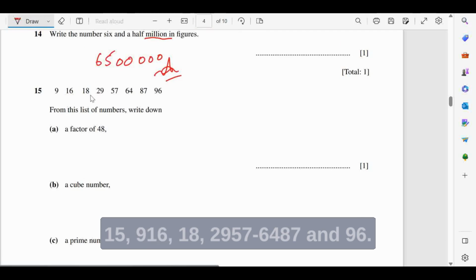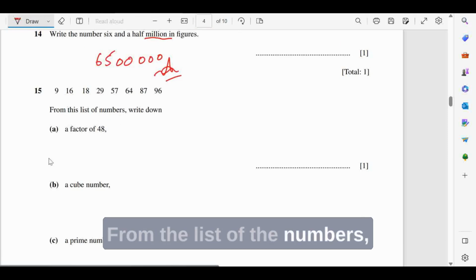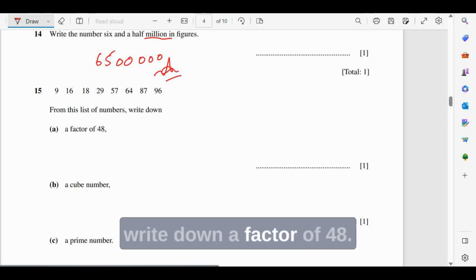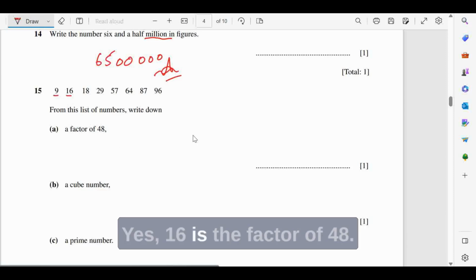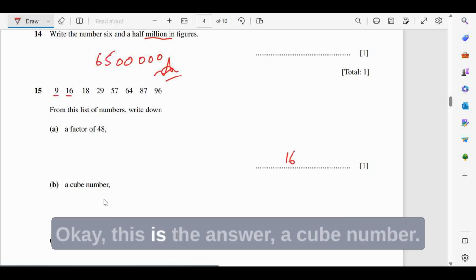From the list of numbers 9, 16, 18, 29, 57, 64, 87 and 96, write down a factor of 48. The factor of 9 is not a factor of 48. Yes, 16 is a factor of 48. This is the answer.